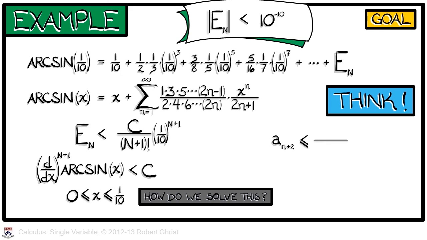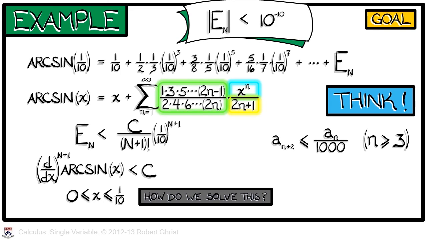It seems as though every step where we go from n to n plus 2, we're picking up an extra 1/10 squared. Okay, so that's 1 over 100. But if we look at the coefficients, the 2n plus 1, and the product of odds over the products of evens, then we're picking up another factor of 10 in the denominator.